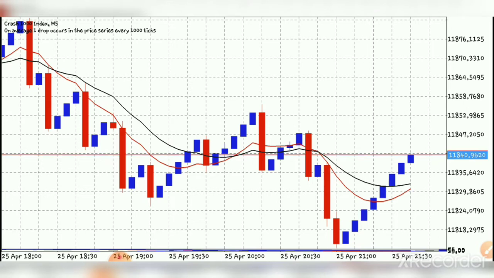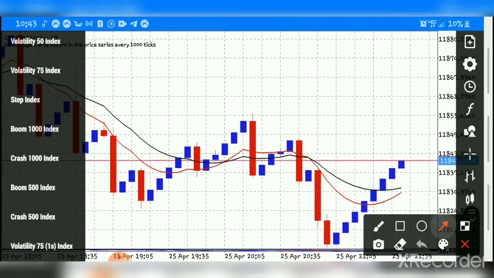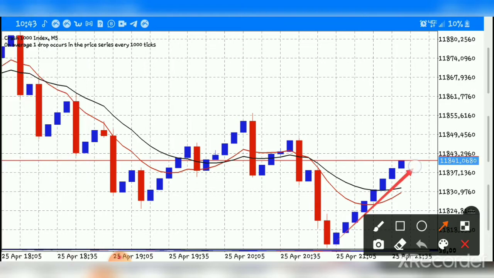But in between this movement, there are what we call spikes. You can see this candle is moving. Let me point so that you can understand what I'm saying. This is the original movement, this is the normal movement, this is the trend for crash 500. It usually moves from down to up. So the normal trend is uptrend.